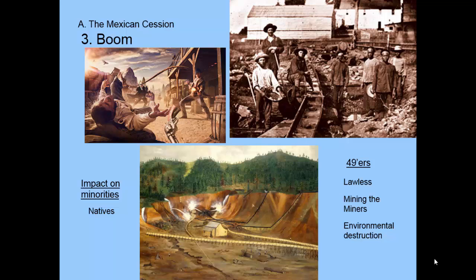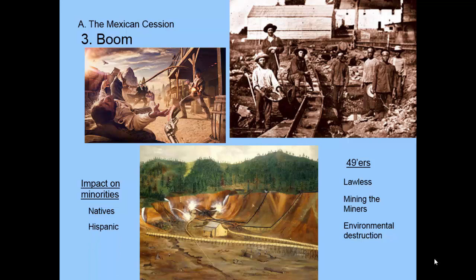If you remember, we saw the Spanish using the natives as labor and making them settle around missions and converting them to Catholicism. But when miners come out, they just see the Native Americans as in the way. And so we see Native Americans die because of conflict. They lose more of their land. They're put on reservations. And some of them even are used as unwilling indentured servants, almost like slave labor in the gold fields. So the gold boom was certainly not a positive thing for Native Americans.